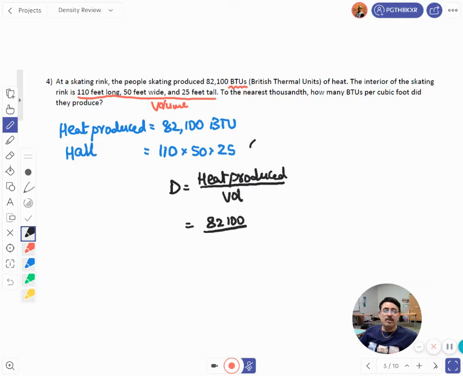Then volume means length times width times height. Therefore 110 times 50 times 25. Either you can do it here or you can compute and write the answer there. So let me take 110 times 50 times 25, which is 137,500.